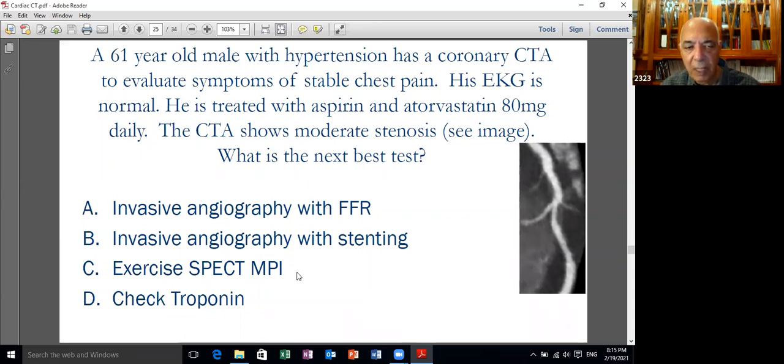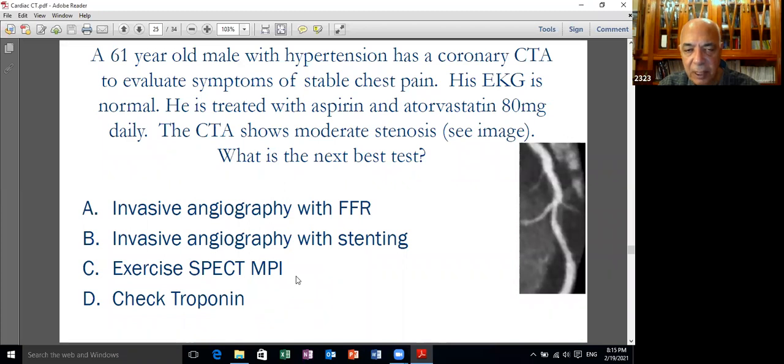Now we have on the horizon a CT FFR, and for CT FFR you need good pictures. At the same time, we know that FFR derived by CT is valuable at extremes of stenosis. If it's very low or very high, then it's acceptable, having acceptable sensitivity and specificity.